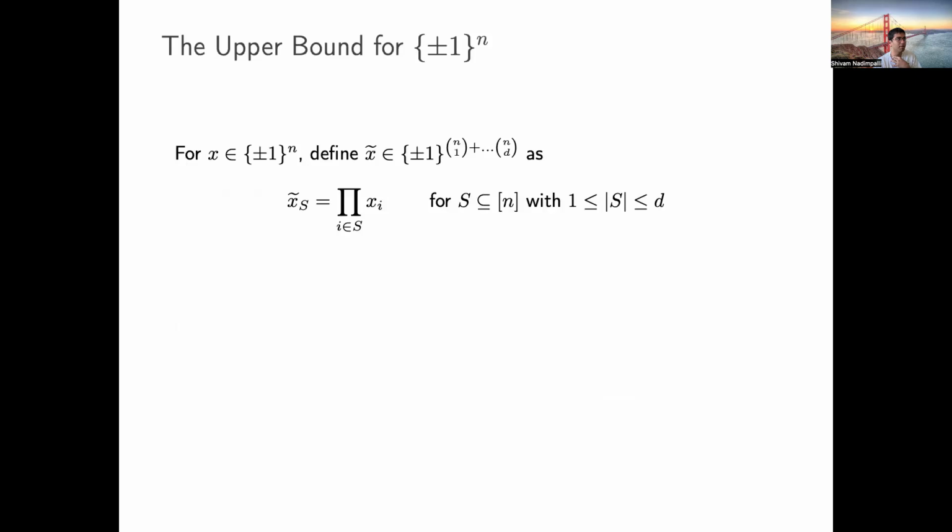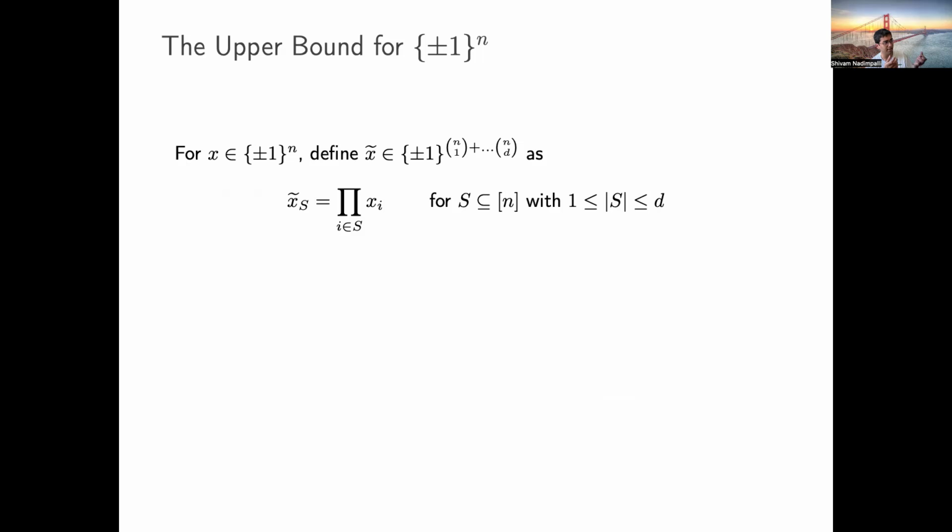So let me tell you a little bit about the upper bound in a very concrete setting. Let's say the distribution you're interested in detecting truncations of is the uniform distribution on the Boolean hypercube plus minus 1 to the n. The main idea behind the algorithm is pretty simple, but it requires a little bit of notation.